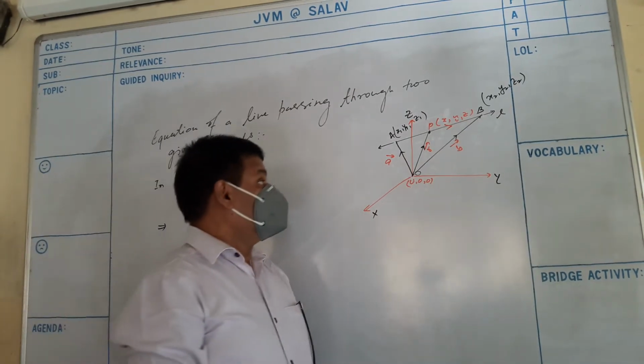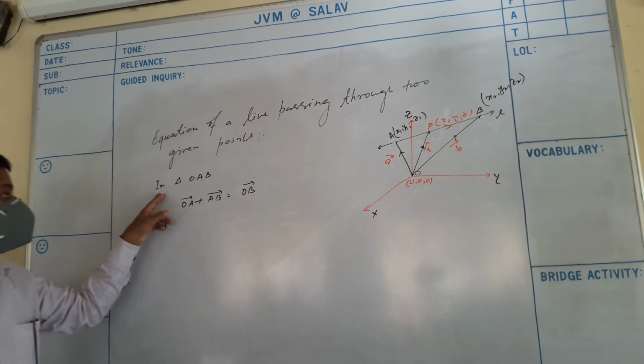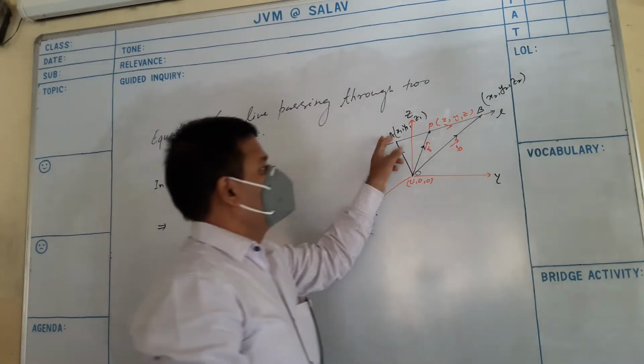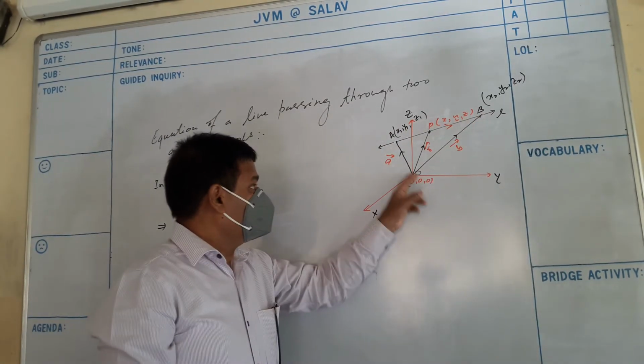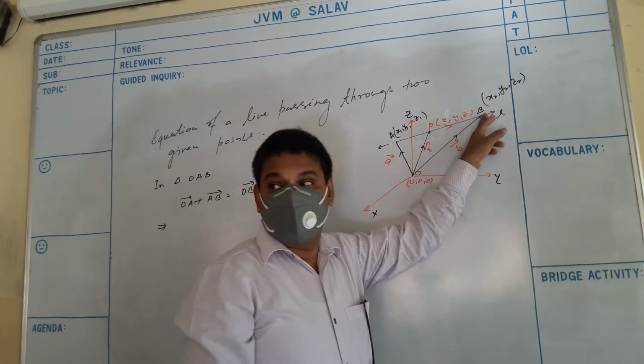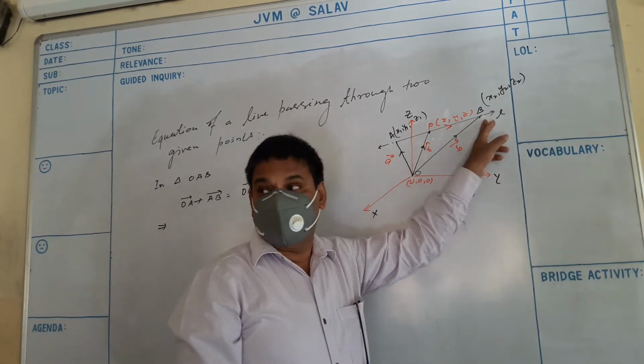Now we are using triangle OAB. OA plus AB is equal to OB.